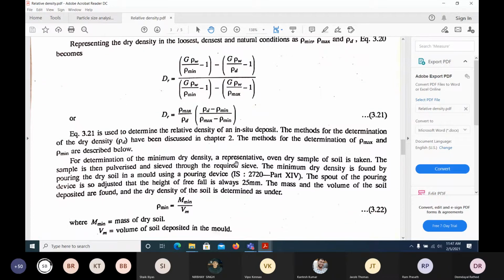Now, how can we find out this minimum density and maximum density? Instead of minimum void ratio and maximum void ratio, now I have made it into minimum density and maximum density. How can we find out the minimum density and the maximum density of a sand, suppose coarse grained sand?